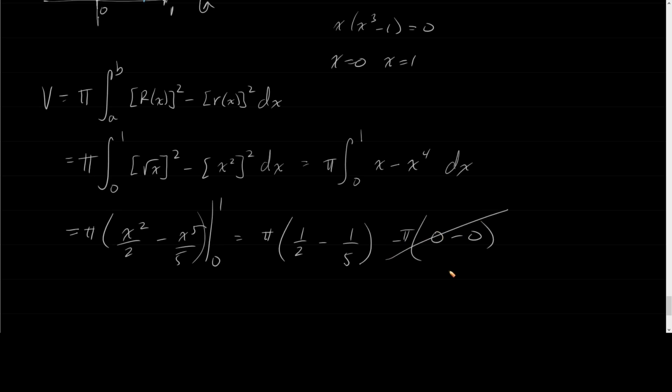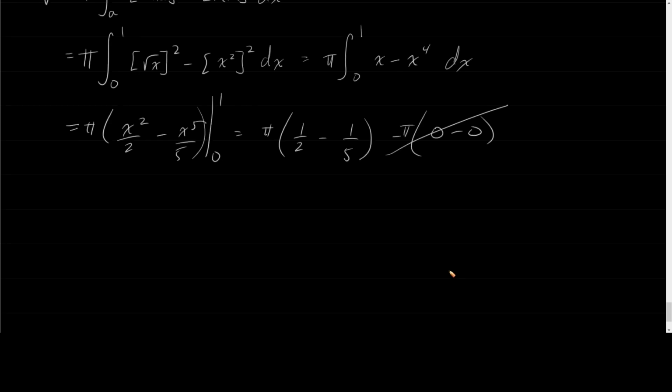In other words, that part is irrelevant. And then 1/2 minus 1/5. Well, the common denominator there is 10, right? 5 times 1 is 5, minus 2, which gives me 3 pi over 10. All right.